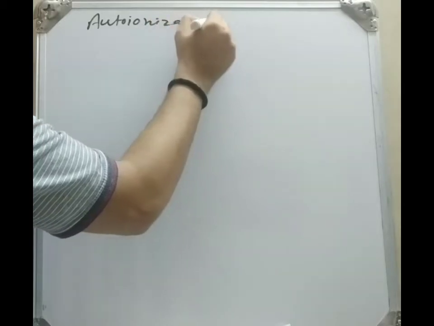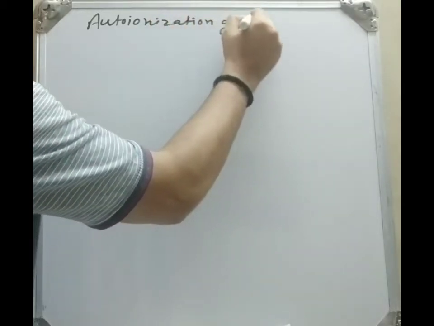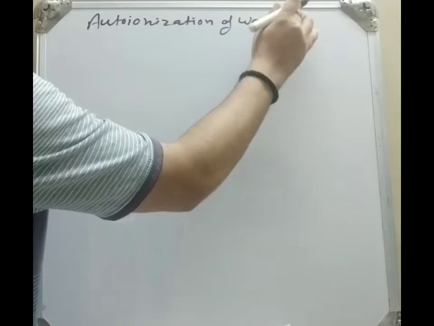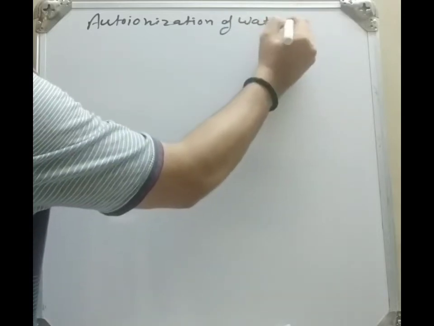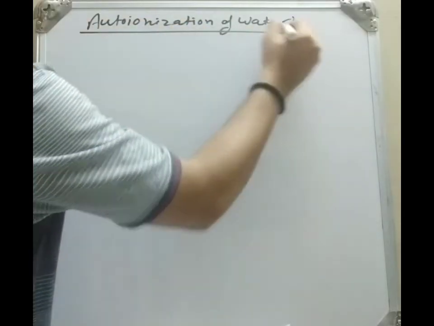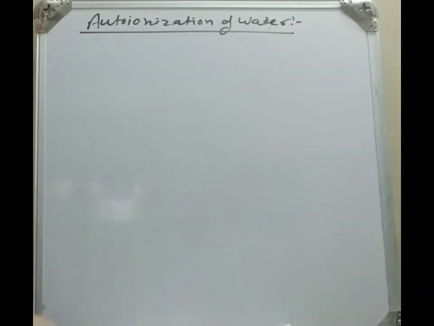So the next topic is auto-ionization of water. As we know, water is a weak electrolyte. It dissociates to a very small extent. Water is a very weak electrolyte and slightly dissociates into H plus and OH minus.